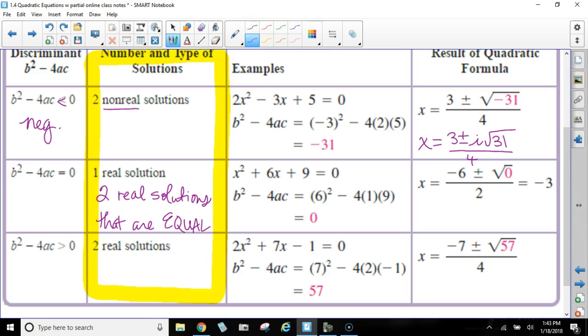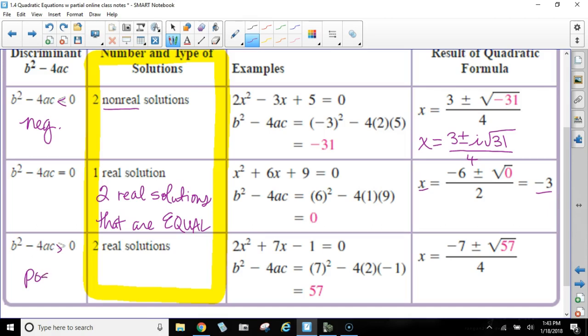Okay, so we only get one unique solution, but actually we get two of them. They're just the same. Like x is equal to 4 and x is equal to 4, or x is equal to negative 3. We got that 2 times actually. Okay, because negative 6 plus the square root of 0 is negative 3. Negative 6 minus the square root of 0 over 2, I forgot to say over 2 on those, is also equal to negative 3.